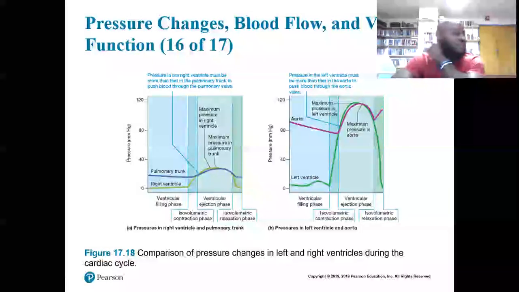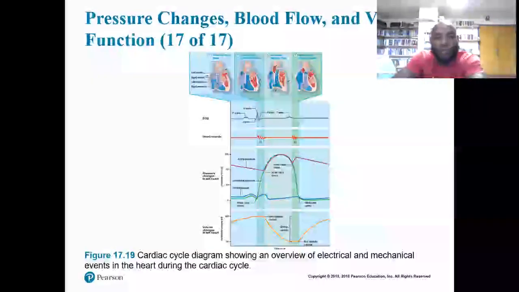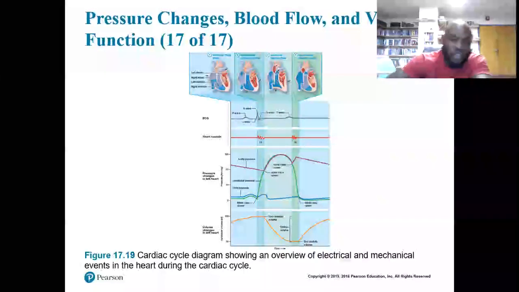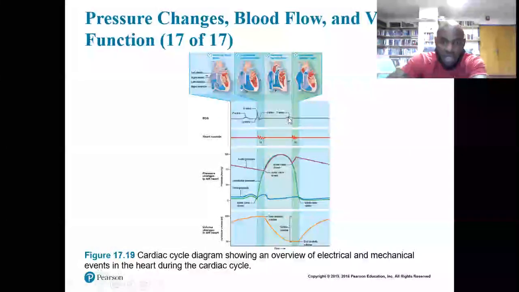All right. This is showing you the cardiac cycle as far as the ECG, electrocardiogram: P wave, atrial depolarization; QRS, your ventricular depolarization; T wave, your ventricular repolarization.